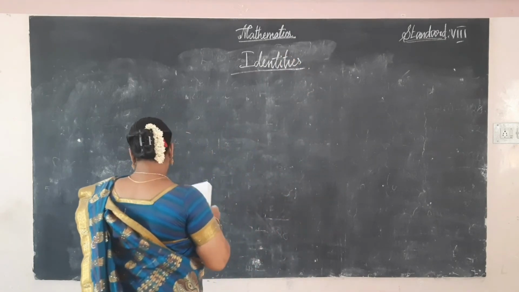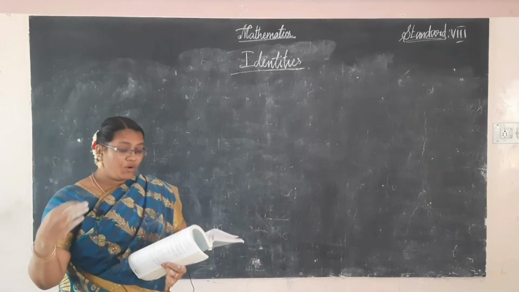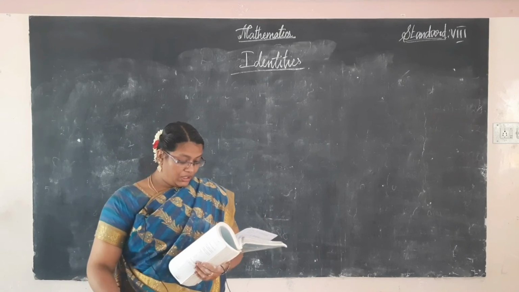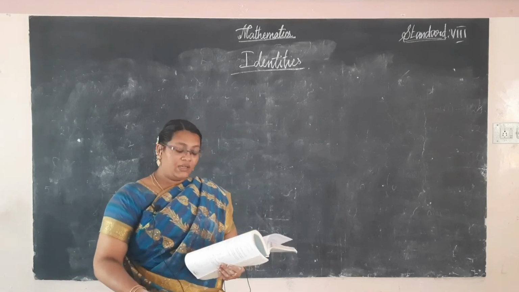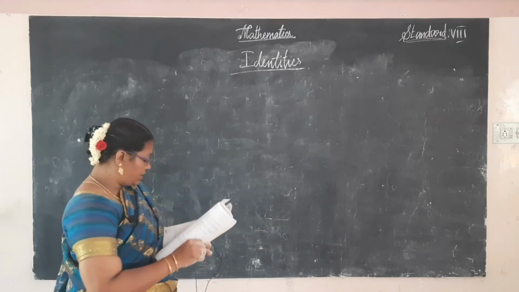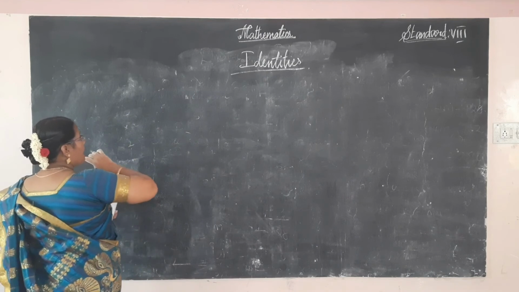If we try some more values of x, we will find the equation to be true for all the values, and there is no condition attached to it. So this type of equation is called an identity.